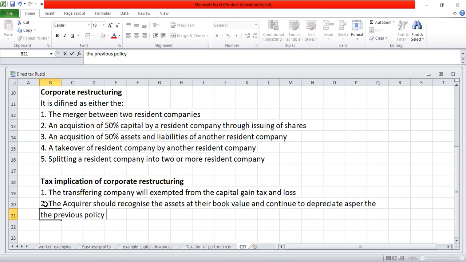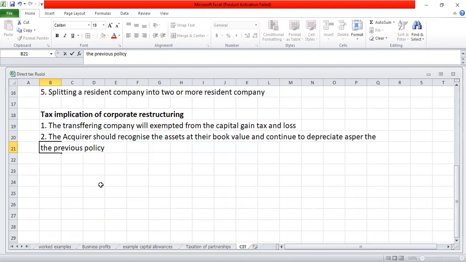And then the implication is that you're not going to compute capital gain tax. And if it is a loss, the loss should be considered as an expense. So that is the corporate restructuring.